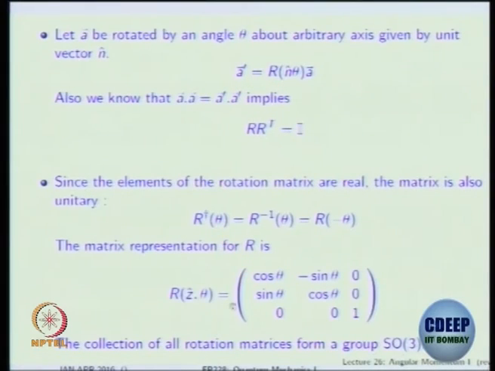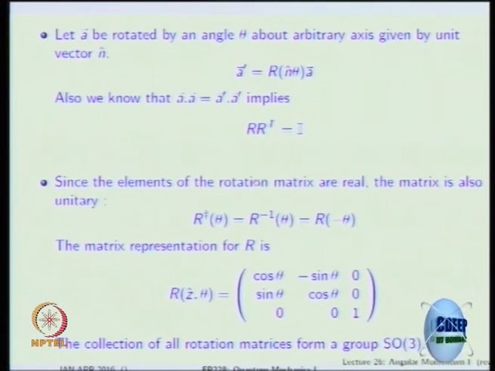Okay. So the explicit matrix representation, so far we have just been writing it formally, but you can give a matrix representation involving the rotation angle theta, and I am doing it about the z axis for you to see this. So you can collect all these R matrices. If you take a product of this R matrix with another R matrix for some other rotation about the x axis, you will get a new 3 by 3 matrix.